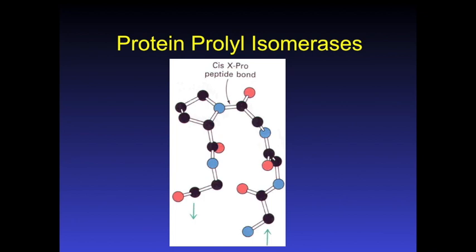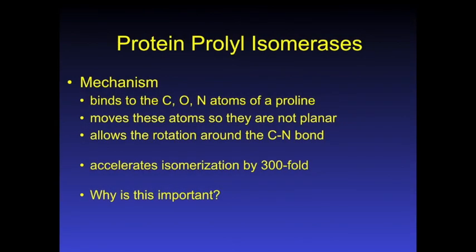But if the rest of the protein is okay, that can overcome it. And so this doesn't necessarily change all trans to cis. It just allows rotation to move. And if everything works out better, it can move it. It binds to that amide, the carbon, oxygen, nitrogen, and it can allow the rotation.